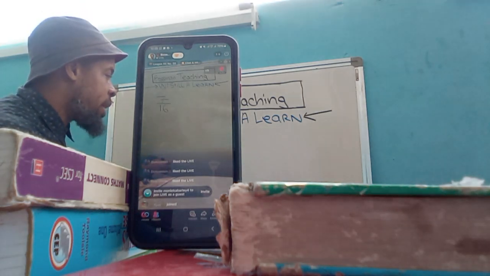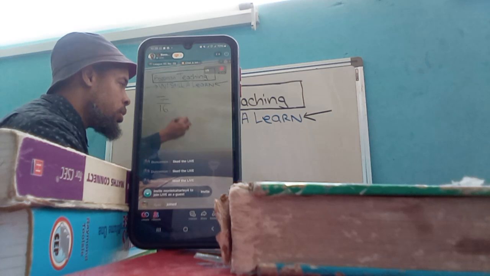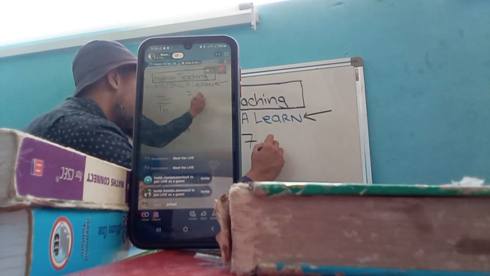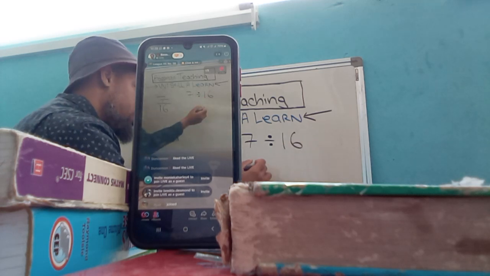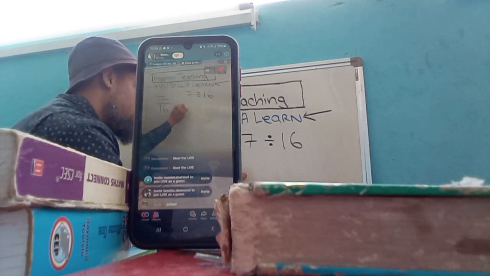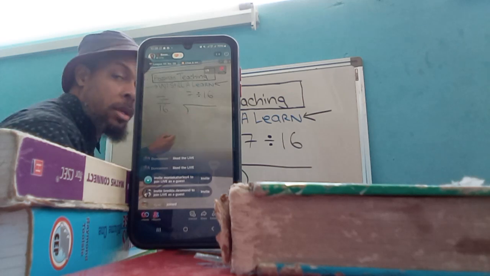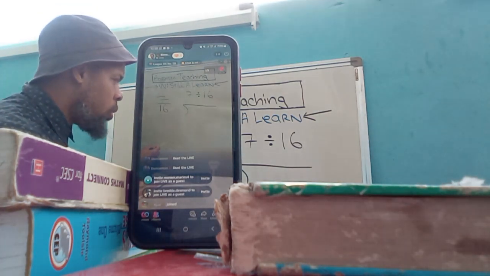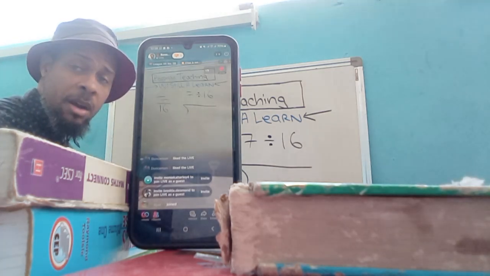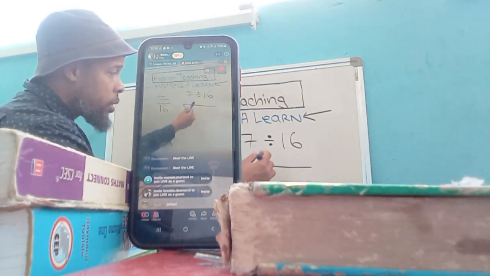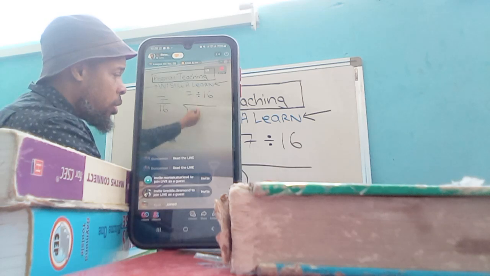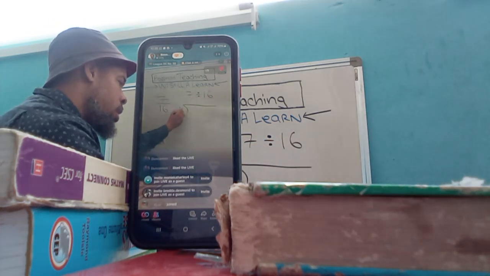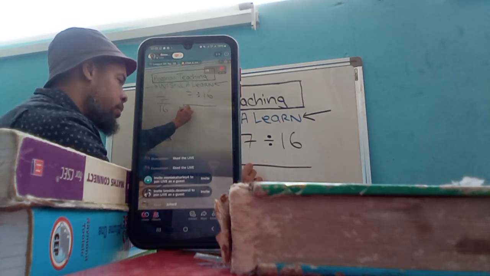So I would say, okay, let's say you write this, which is what it means. Now, just to avoid the confusion, the 16 goes here, and the 7 will go here.